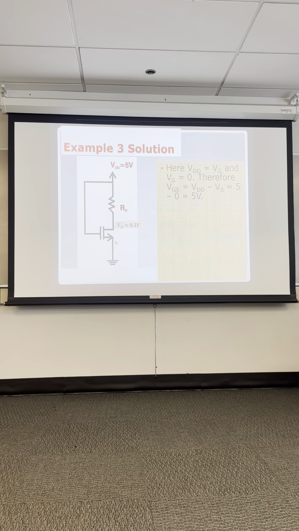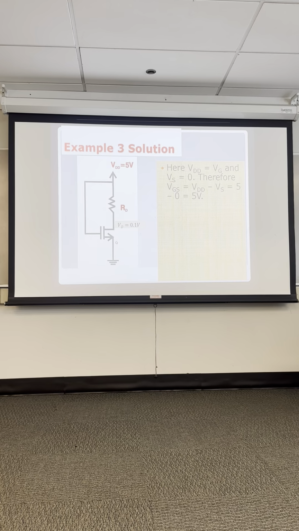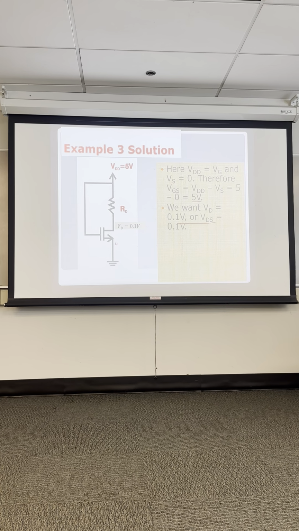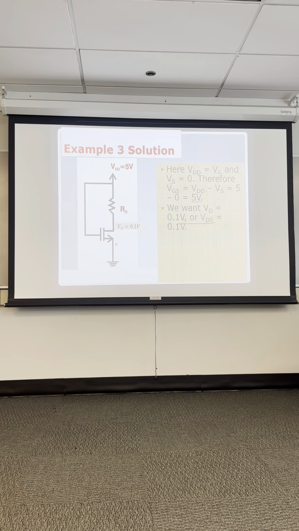So the gate to source is the battery minus the source voltage, which is 5 volts minus 0, equal to 5 volts. We want the drain voltage to be 0.1 volts, or we want the drain to source to be equal to 0.1 volts. It should be obvious if the drain is at 0.1 volts.